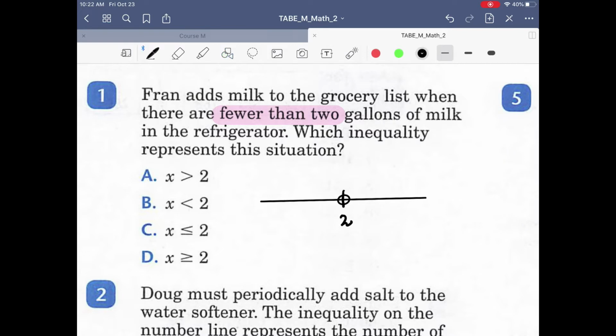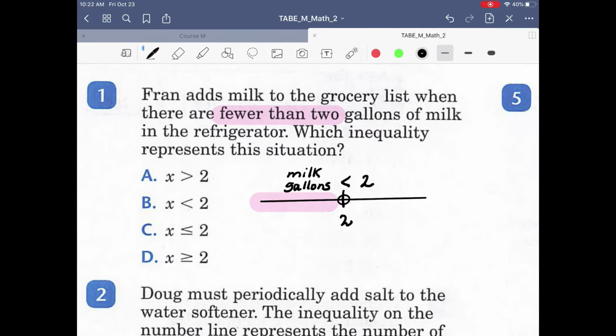We ask ourselves, is the 2 included? And the 2 is not included. We are only interested when the milk gets below 2 gallons. So we are saying that x is less than 2, or the milk gallons drop below 2.